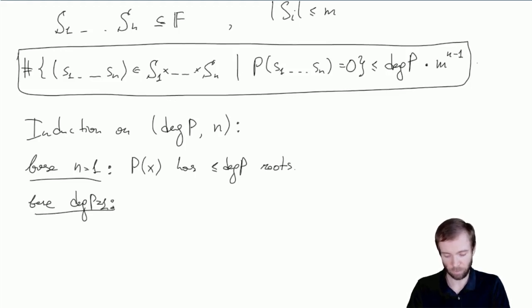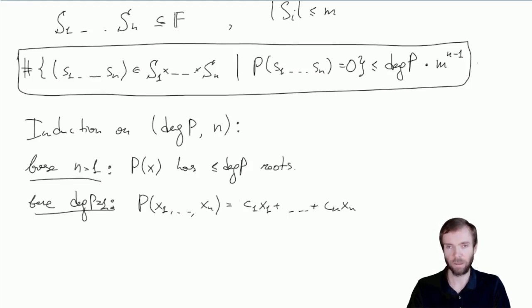Here we have a polynomial P(x1, ..., xn) being just a linear combination of the variables. Without loss of generality, we can assume that, say, the coefficient c1 is non-zero, and let's now estimate the number of tuples on which the polynomial P vanishes.